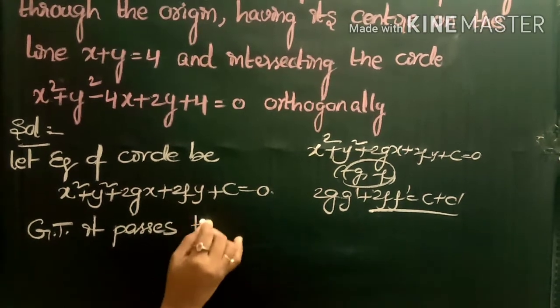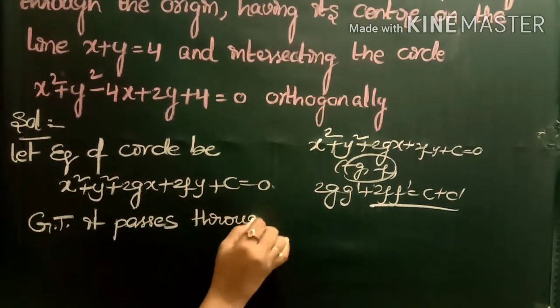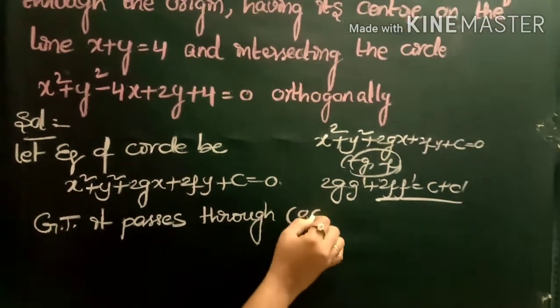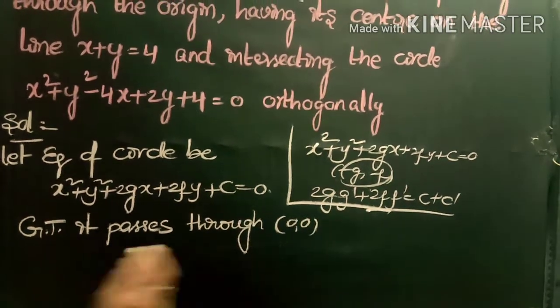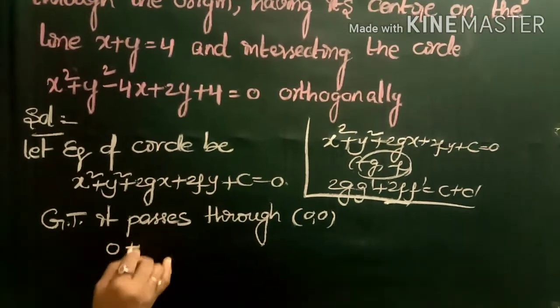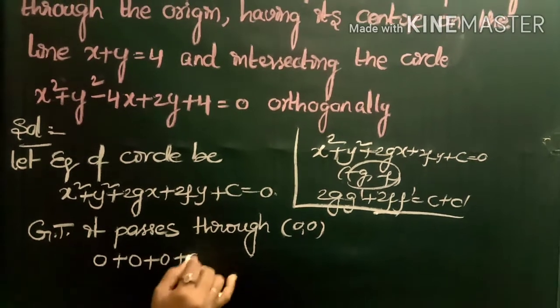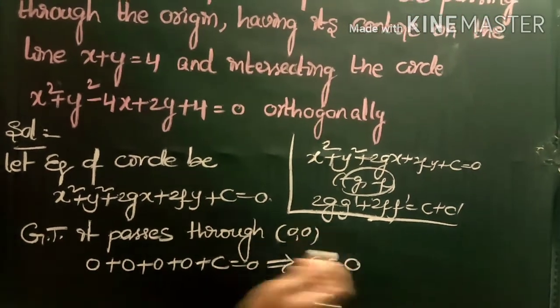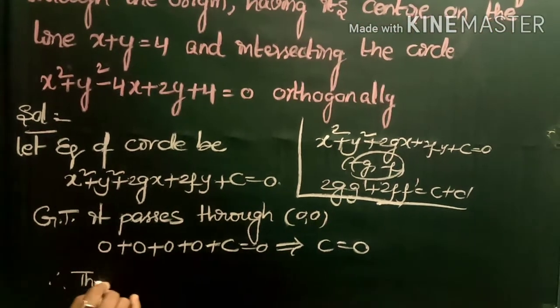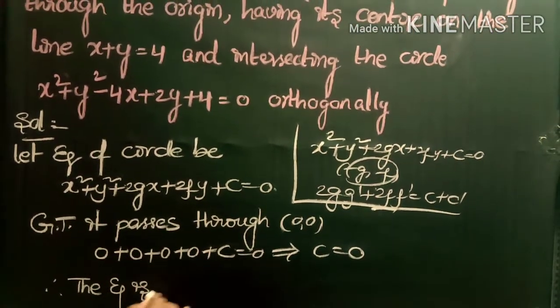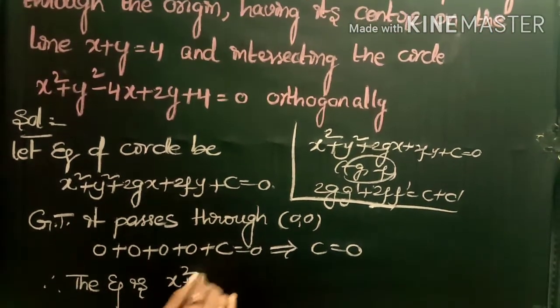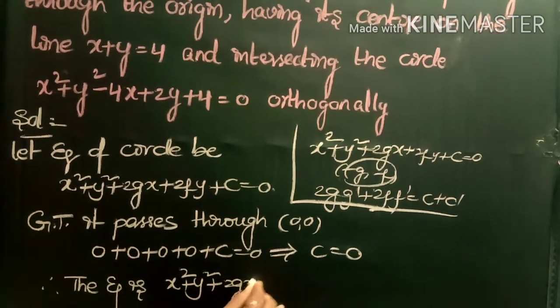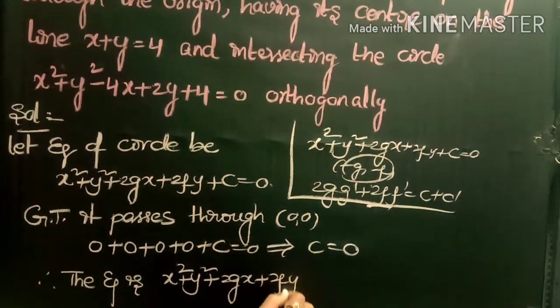Given that it passes through the origin, that is 0, 0. Means, replacing 0, 0 here, 0 plus 0 plus 0 plus 0 plus c equals to 0. That implies c equals to 0. Therefore, the equation becomes x square plus y square plus 2gx plus 2fy equals to 0.